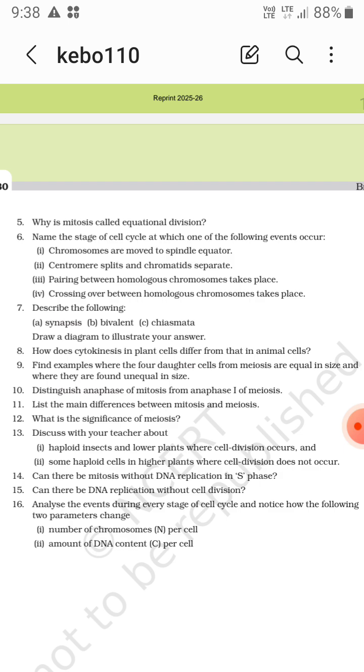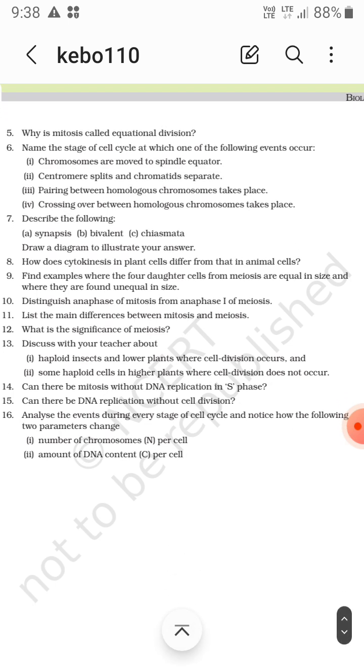Now, how does cytokinesis in plant cells differ from that in animal cells? You know in plant cells the cell wall is inextensible.